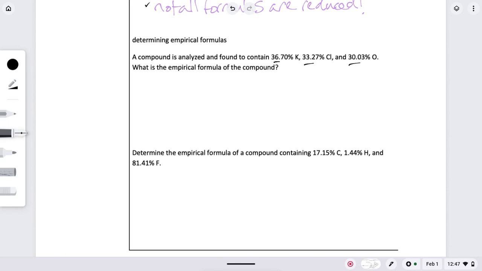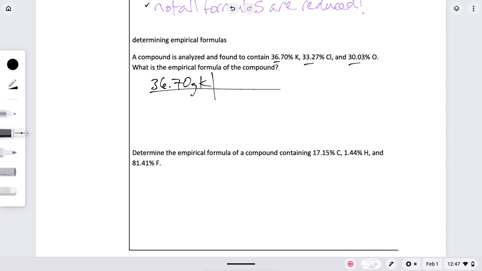But otherwise, the sample that you put in is some size. Who cares what size it is? It could be 6 grams, it could be 16 grams, it could be whatever you want it to be. But we want it to be a 100-gram sample because then we can start working with our masses for individual elements. So we're going to assume that it was a 100-gram sample because then I know that 36.70 grams of that was potassium.